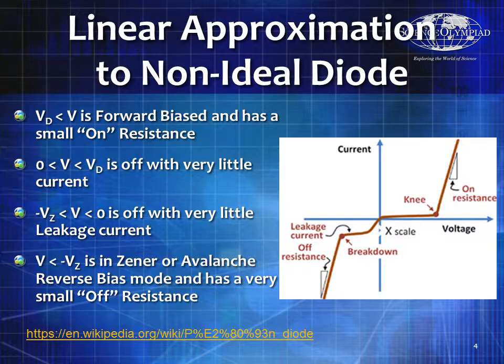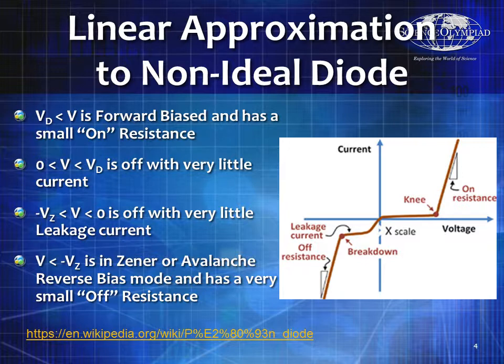Now, if it is less than that forward bias voltage, but greater than zero, it's off with very, very low current, almost negligible. The point at which it's considered to go from off to on is sometimes referred to as an E.